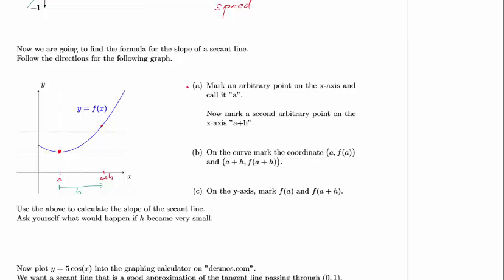All right. On the curve, mark the coordinates A, f of A, and A plus H, f of A plus H. So here, this is the coordinate A, comma, f of A. Those are our x and y coordinates.